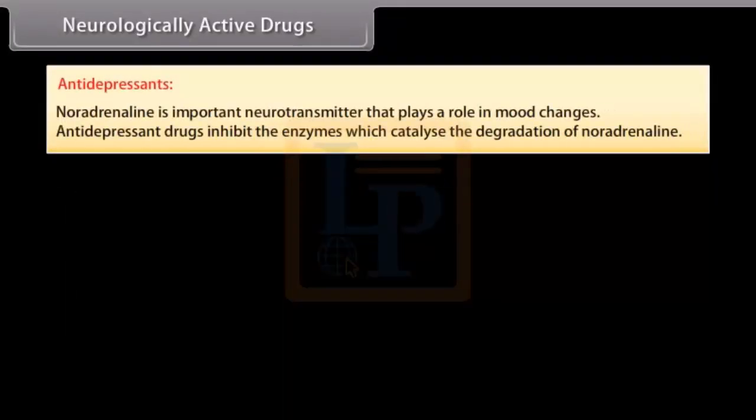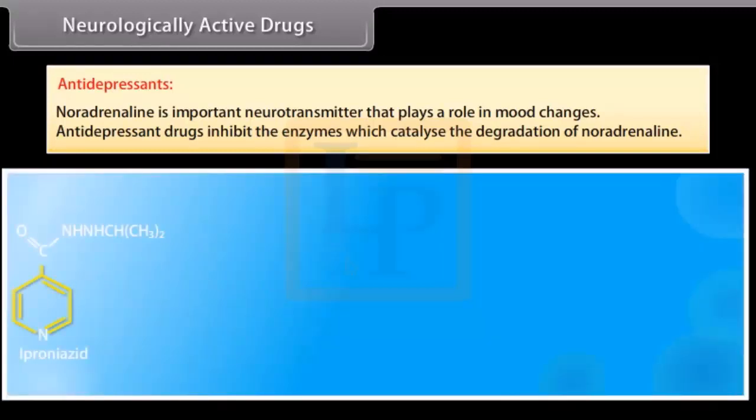Antidepressants. Noradrenaline is an important neurotransmitter that plays a role in mood changes. Antidepressant drugs inhibit the enzymes which catalyze the degradation of noradrenaline. For example, iproniazid and phenelzine.